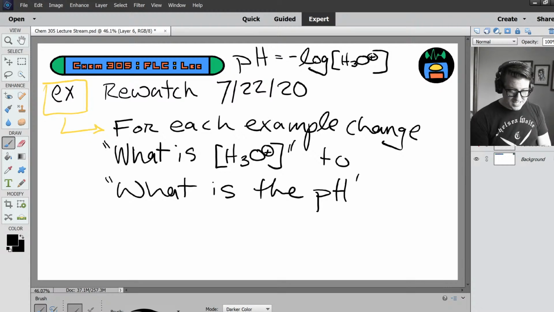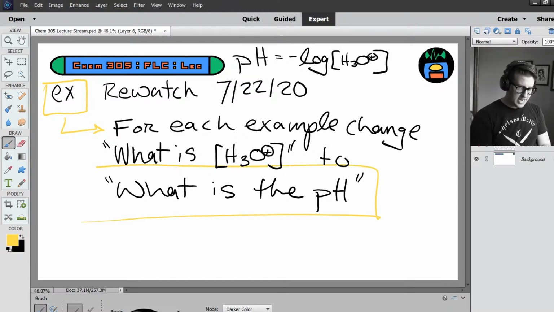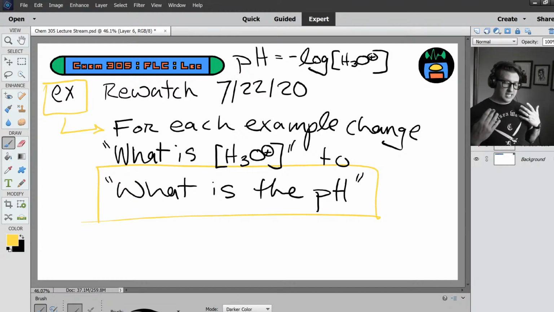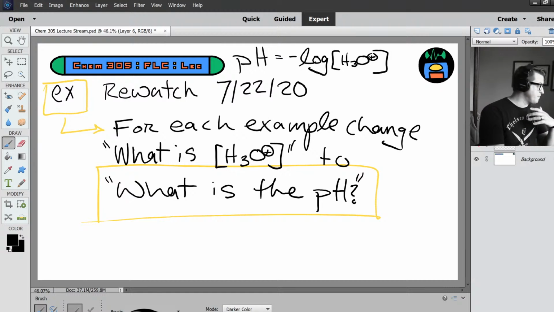The way I'll be testing you on pH is exactly the same types of problems that we were doing yesterday. It's just the last question won't be what is the concentration of hydronium. It'll be what is the pH.